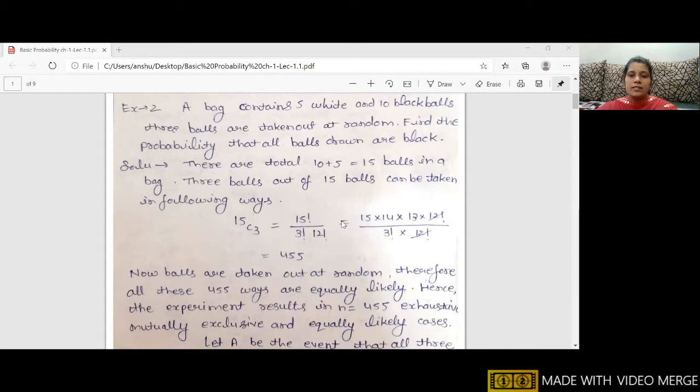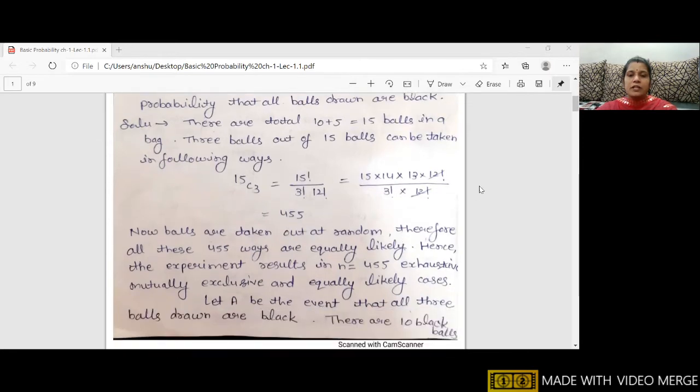So solve this step. Open the factorial: 15 into 14 into 13 into factorial 12, because in the denominator we already have factorial 12. So factorial 12 cancels, and 15 into 14 into 13 divided by factorial 3. Solve this step and we get 455.